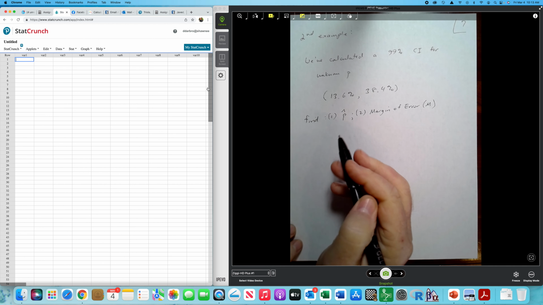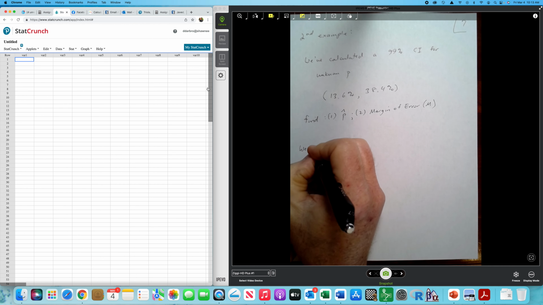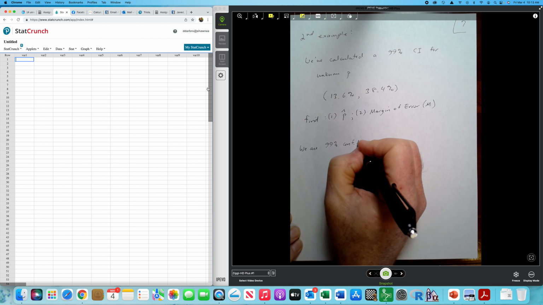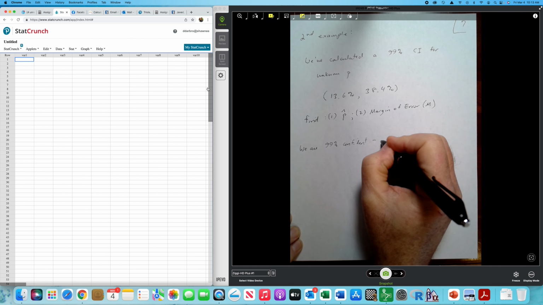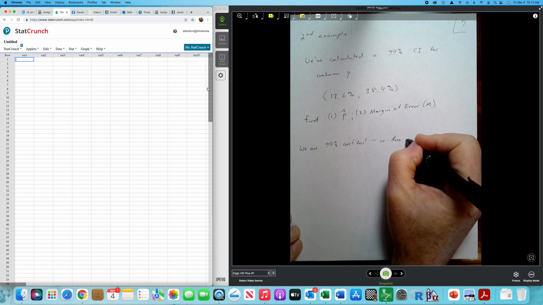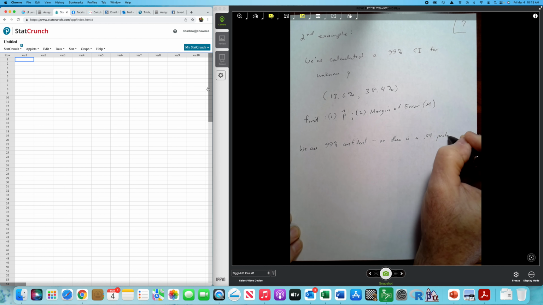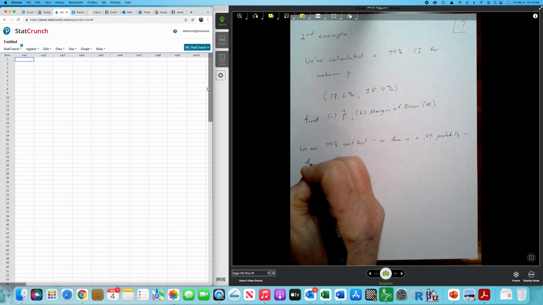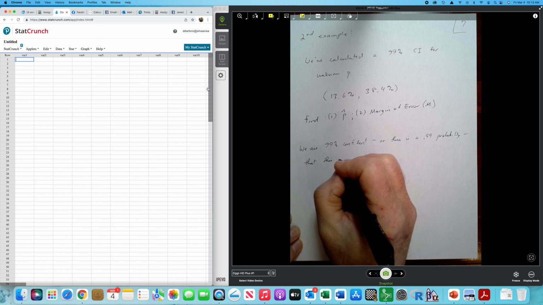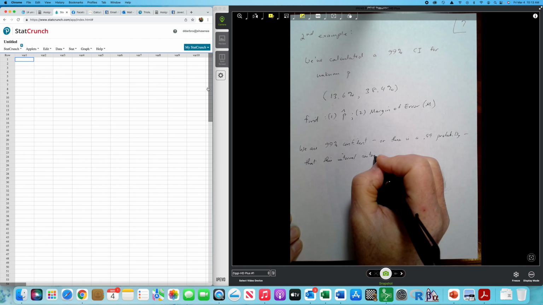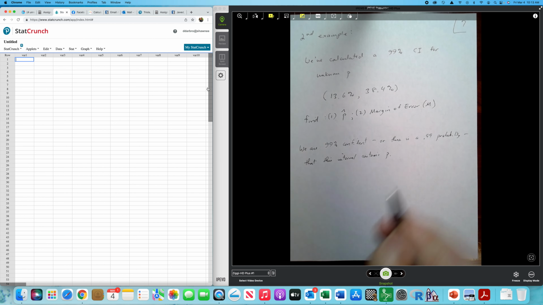So what we can say, first of all, is we are 99% confident, or there is a 0.99 probability that this interval contains P, which is the population proportion, which is unknown.